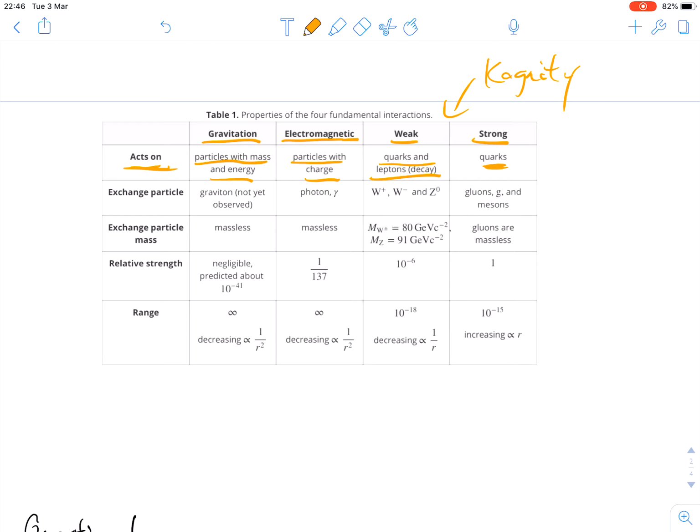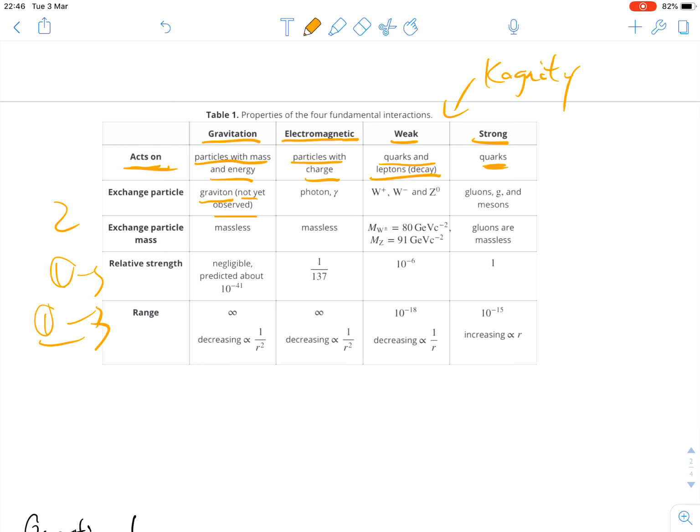Now, let's quickly talk about the exchange particle, and we'll cover range at the very end. This is learning objective number 2, and this was learning objective number 1, the strength and the range. In terms of the exchange particles, the exchange particle for gravity is the graviton, which has not been observed yet. Interesting.